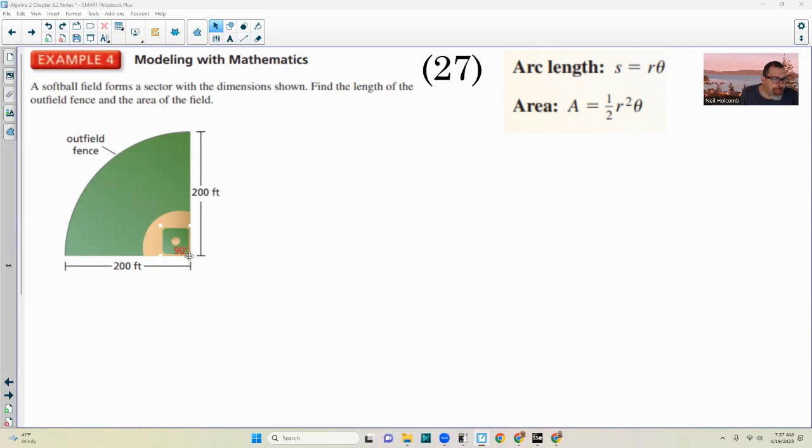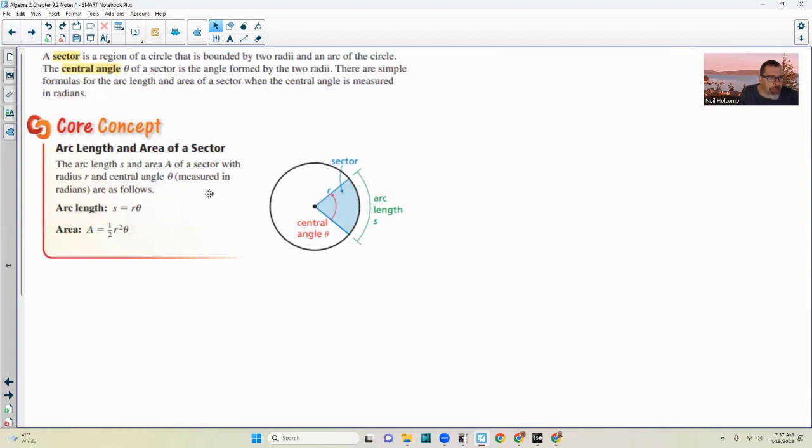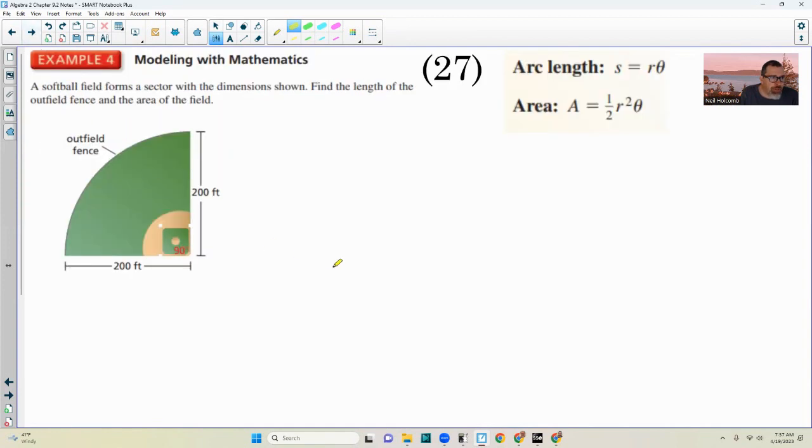Home plate is our vertex, the center of the circle. It says find the length of the outfield fence and the area of the field. Remember, the important thing you need to know is that arc length and area of a sector are measured in radians. So the first thing we have to do is convert degrees to radians.